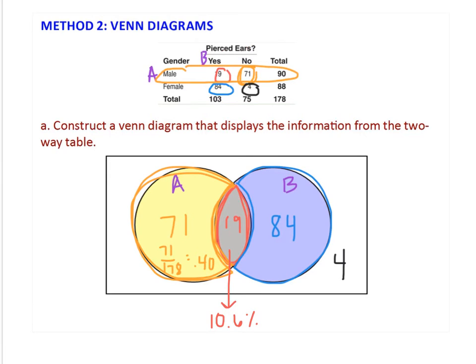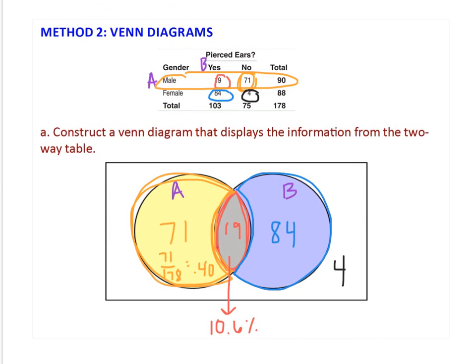The probability they're just in B would be 84 out of 178, which would be 47%. And then the probability they're on the outside, or they're just in that 4, would be 0.02%.